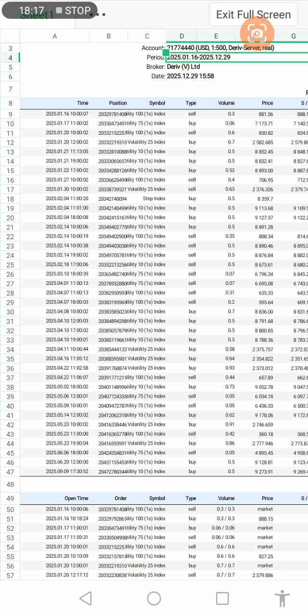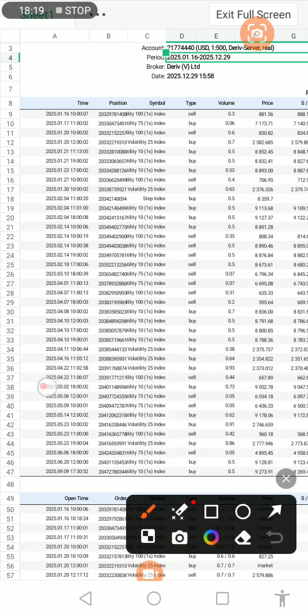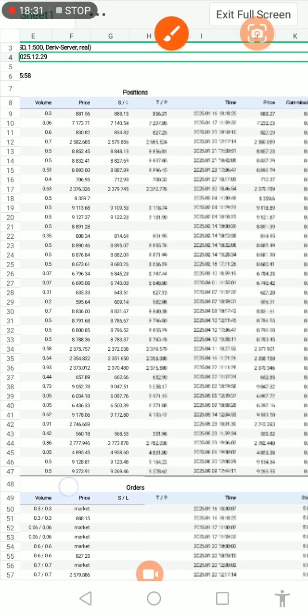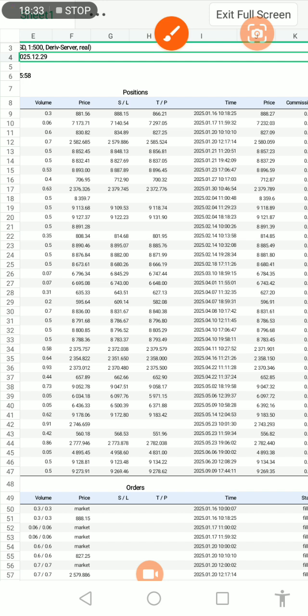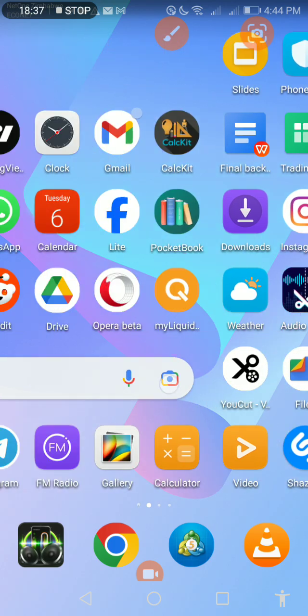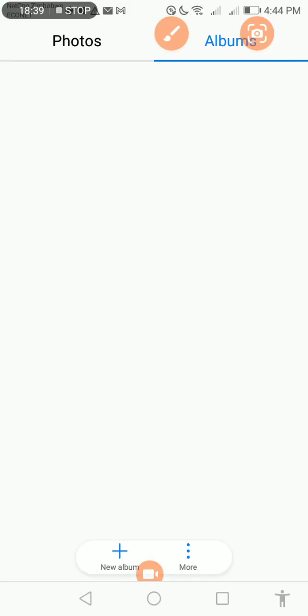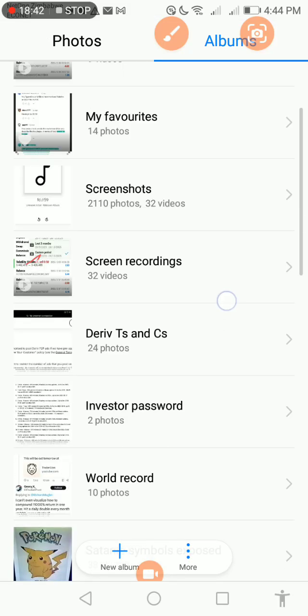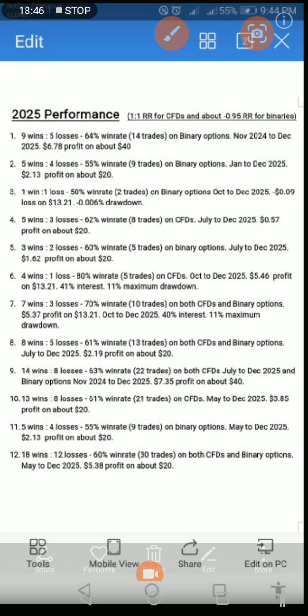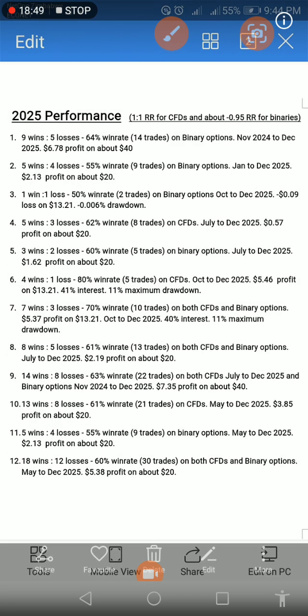But once I introduced it, you can now see that from May, after that, there was a smaller number of trades, and you see that there is now better performance when you compare with the profits. So you can take screenshots of those statements, and then you can see that that's how I ended up with this performance.